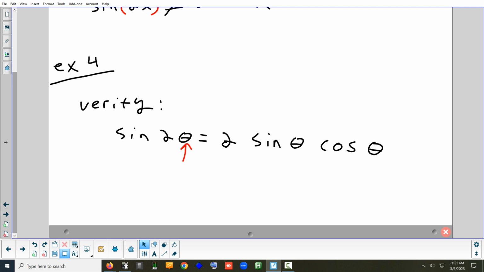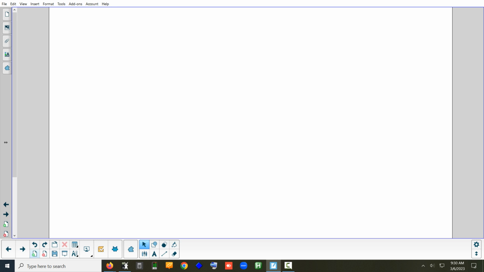Does that formula also work for the cosine formula? You could figure out what would work for the cosine formula by thinking of it like this. Let's see what happens. With cosine, are my trig functions grouped or are they mixed? Grouped.